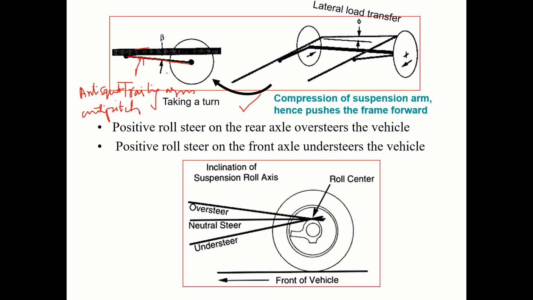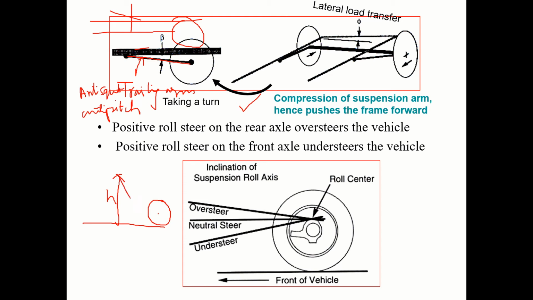Now, what is the effect of this? Also, I told you yesterday, this is the ground. You have the tire like this. And this is your height of center of gravity.